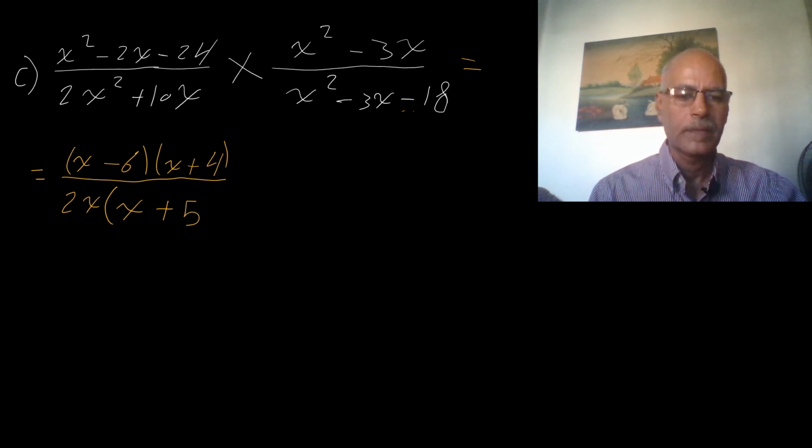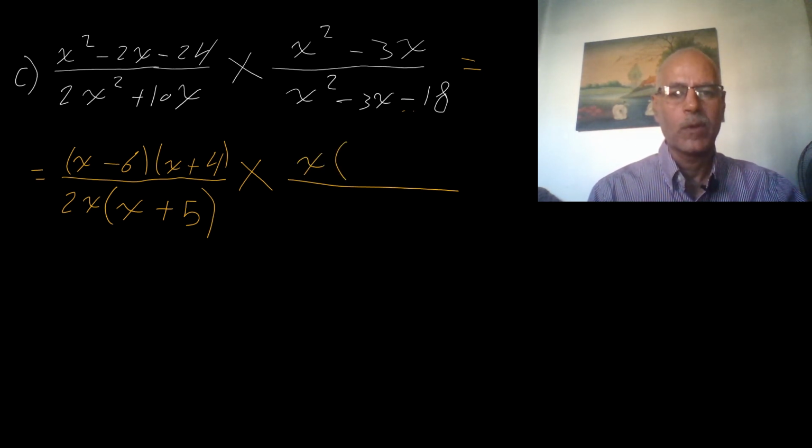x over x, 1, times x power 2 minus 3x. Let's take x common. What's the remainder? It will be x power 2 over x, x, minus 3x over x, 3, over x squared, open two brackets, x and x. Negative 18.